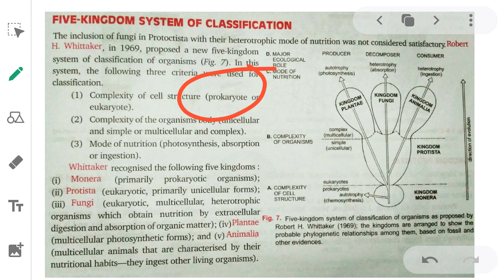So prokaryotic cells do not have a definite shape or definite nucleus. That means they have a false, primitive nucleus.